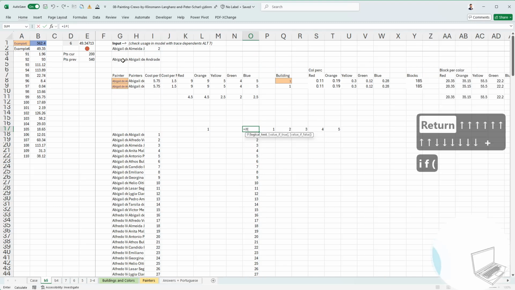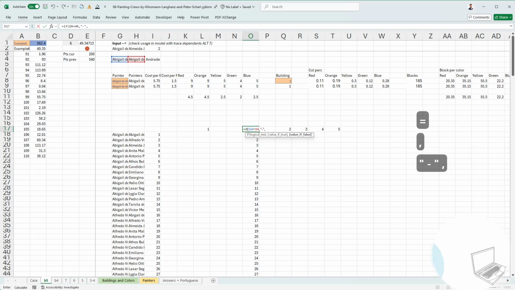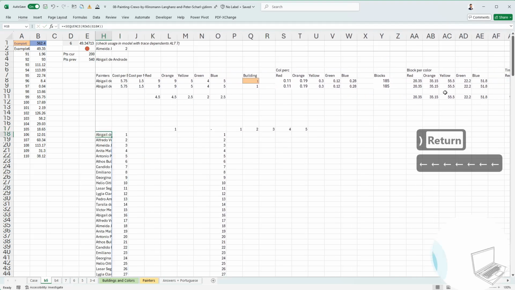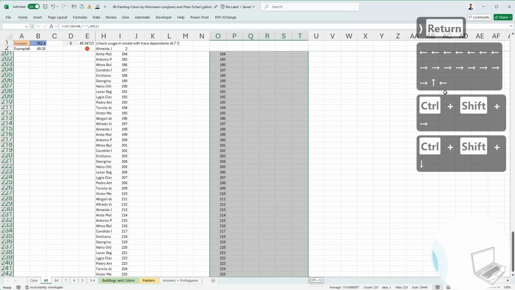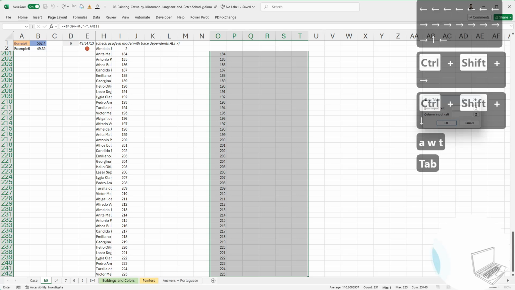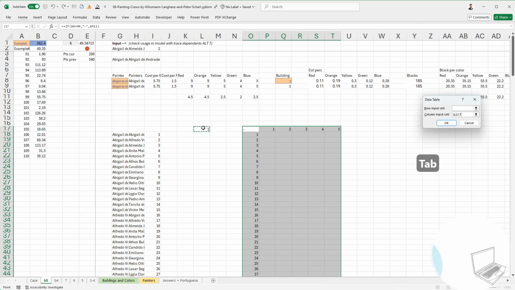If this equals this, then nothing. Otherwise, let's take the total time. So that's the pair, and that's the building.